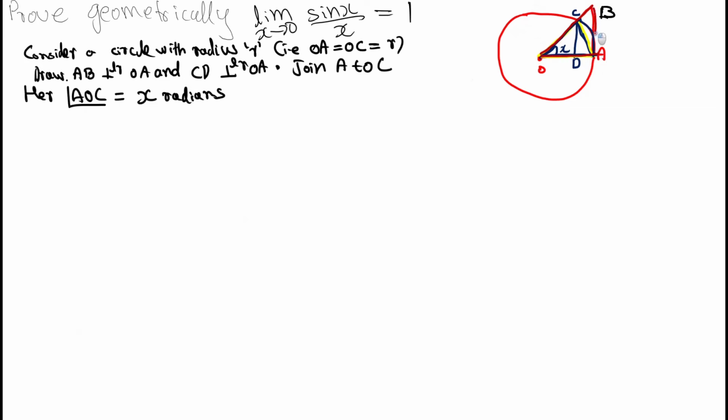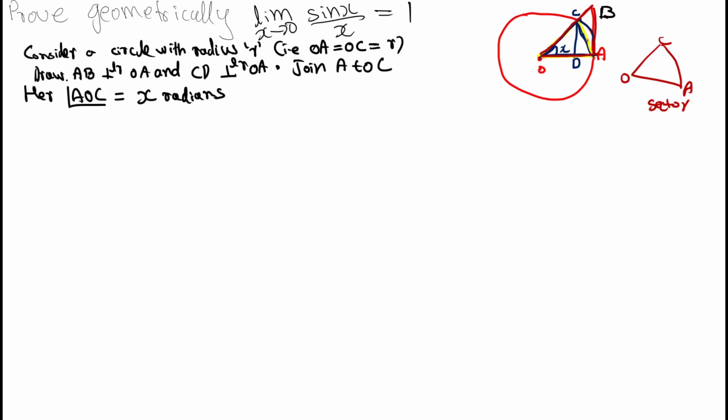In this diagram we can say that the first triangle lies inside a geometrical structure like this. Here O to C is there, here O to A is there. Two radii and an arc of the circle, this structure we call the sector. Another one is the right angle triangle OAB.